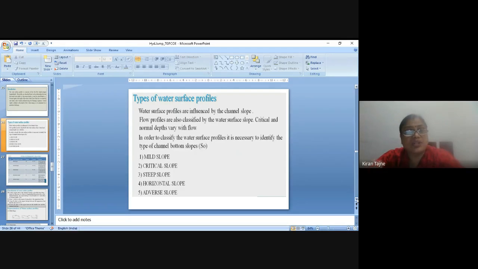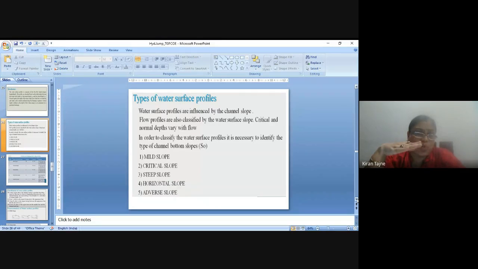Then the next term is horizontal slope. Horizontal slope means the bottom slope is 0. It is just horizontal. S0 is equal to 0. When S0 is 0, then yn is infinite. The normal depth is infinite. Then that is known as horizontal slope. Then the last one is the adverse slope.